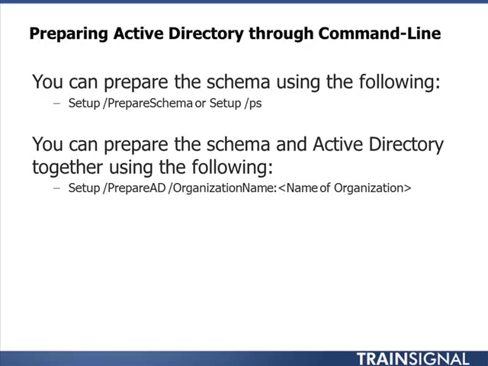Because if Exchange is already there, or if the organization name has already been put in, then there's no reason why it should show you a dialog box asking you for the organization name. That means that it doesn't know that the organization already exists. And that's a problem. And typically those types of problems relate back to network connectivity, whether it be physical or whether or not it's your IP address settings or your DNS configuration.